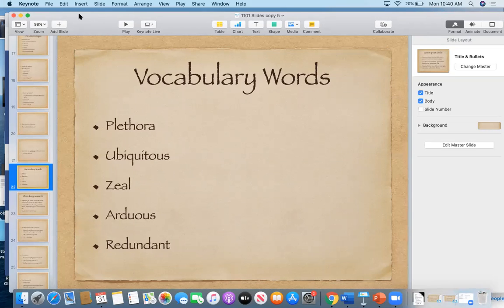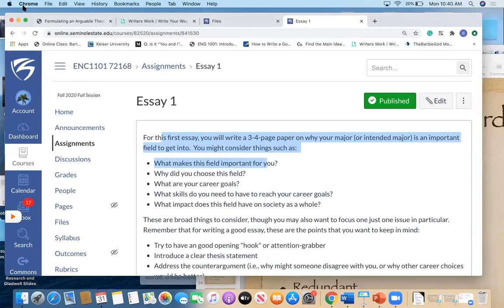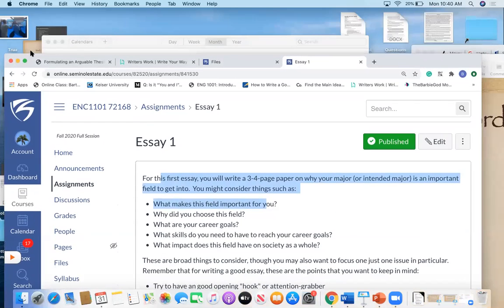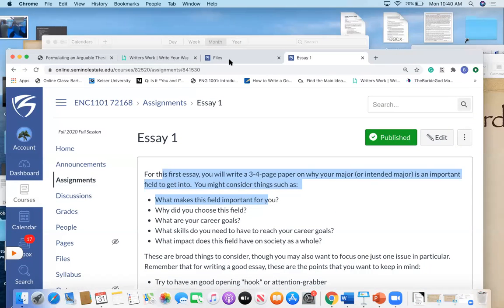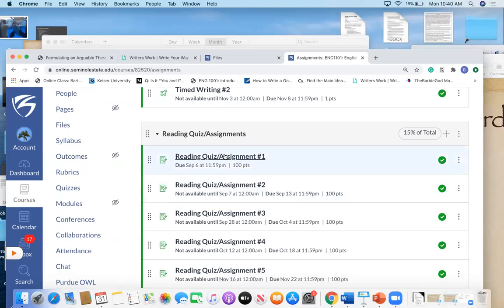Basically just the reading assignment for this week is what's due. If you go back to our page, just go to assignments here and go to the reading assignment.